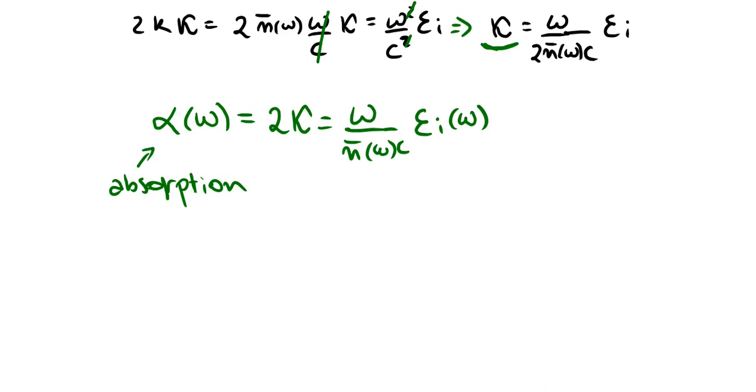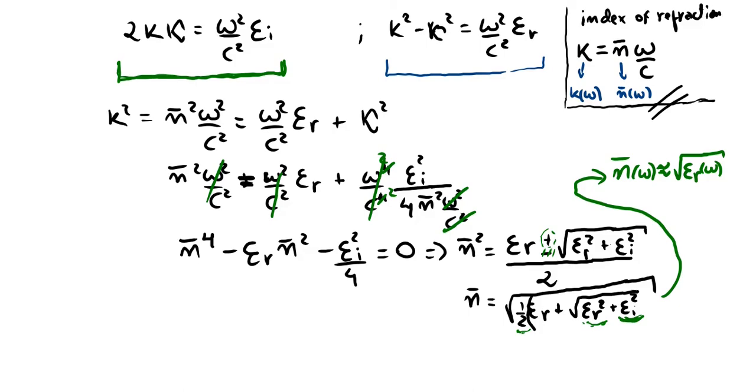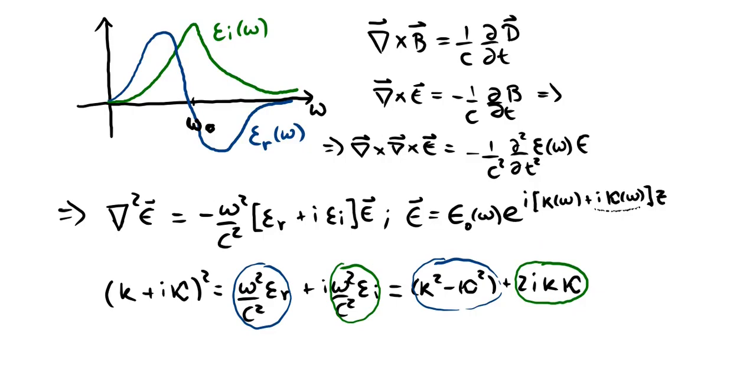So why am I saying that this thing is the absorption coefficient? That's because by definition, if I have a term that has a kappa that is non-zero, what I'm saying is that this term here is important, which means that the light is not really propagating inside the system. It's dying inside the system. And why is it dying?